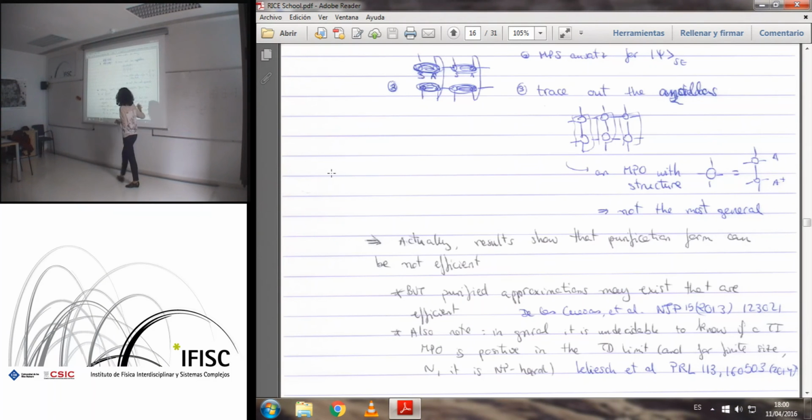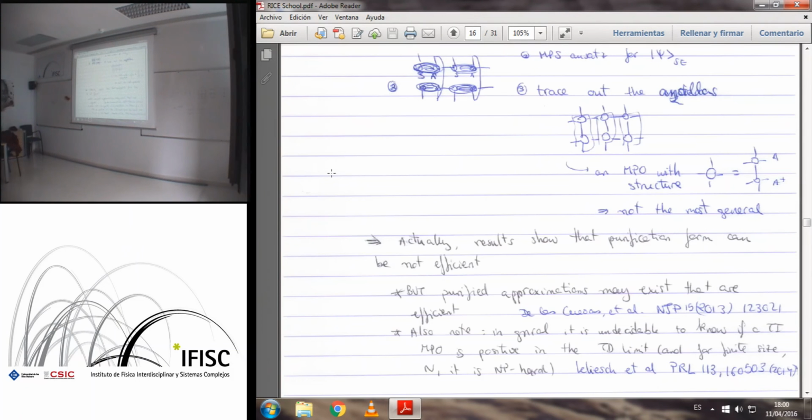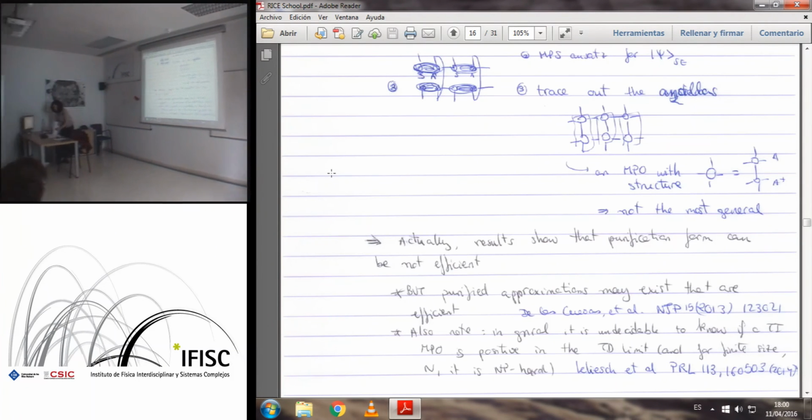This was shown in this paper by Gemma de las Cuevas and collaborators. It is something very interesting, but it also tells you that there might be efficient approximations, so it's again not hopeless in practice. And the other reference is the one I mentioned before that shows how difficult it is to know whether something is positive or not if it is in the MPO form.